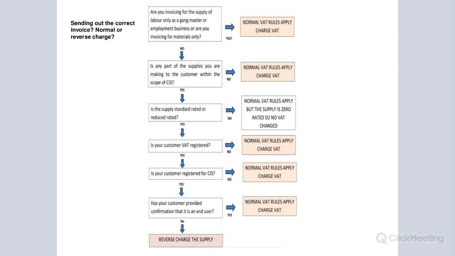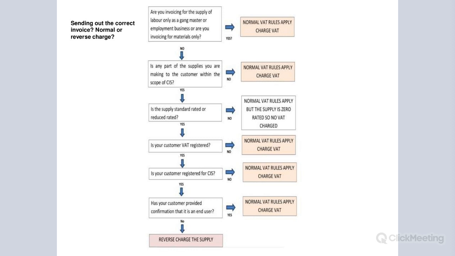The default position, and I want you to bang yourselves on the head here and write on the bit of paper in front of you on your flowchart: if your customer is VAT registered and if your customer is CIS registered, you are flat out default reverse charge.